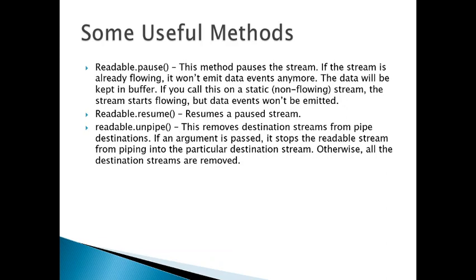So that is all for streams. We have seen our standard streams, that is stdin, stdout, and stderr. We have seen readable streams and writable streams. Streams are a very good mechanism to handle files. Methods like readFile or writeFile are memory consuming and take more memory. Instead, streaming is a much more flexible mechanism.